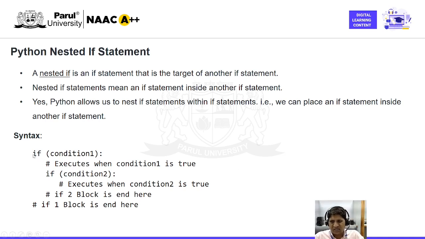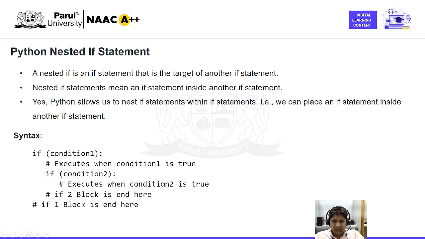For example, you can see the syntax: if condition 1, execute when the condition is true, and condition 2 is also given. Condition 2 executes when that condition is true. Once condition 1 is true, then condition 2 will be checked. If condition 1 is false, then your execution pointer skips the inside block and does not enter it.